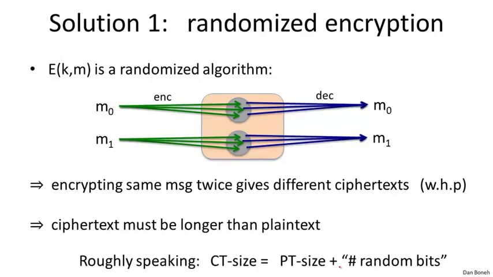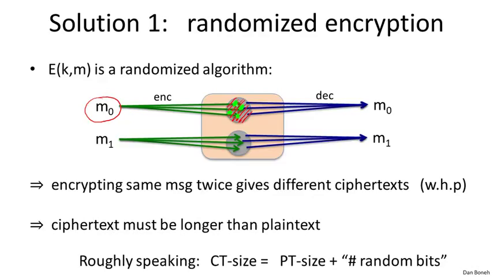random string. So what this means is that a particular message M0, for example, isn't just going to be mapped to one ciphertext, but it's going to be mapped to a whole ball of ciphertexts, where on every encryption, basically we output one point in this ball. So every time we encrypt, the encryption algorithm chooses a random string, and that random string leads to one point in this ball.